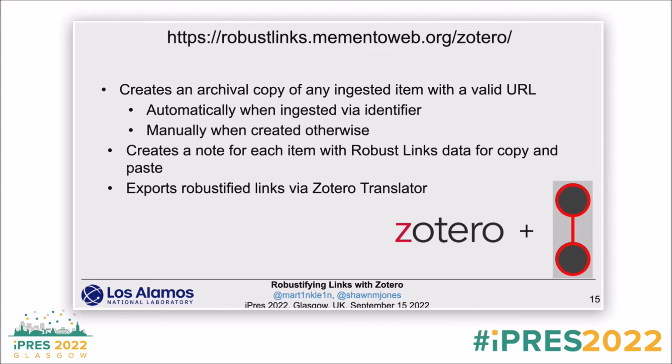So we created a Robust Links translator that allows you to export one or more items from your Zotero library as HTML that then includes all robustified links for you. That HTML file can conveniently be attached to your manuscript or used in your HTML writing.